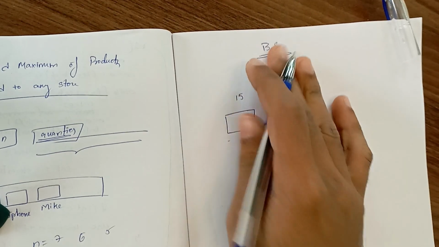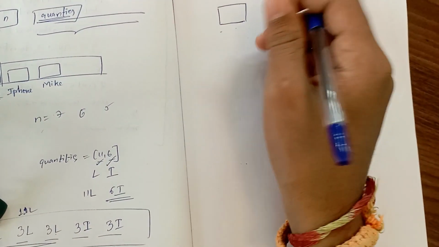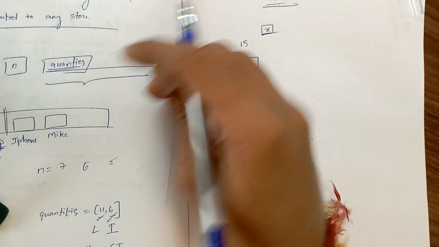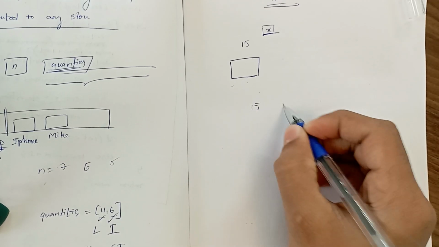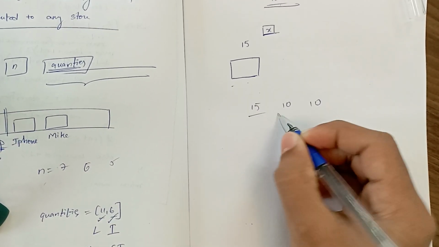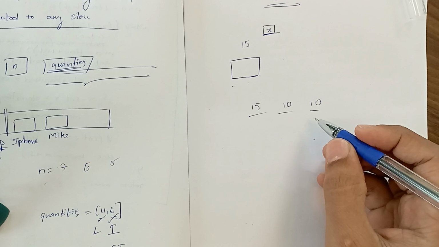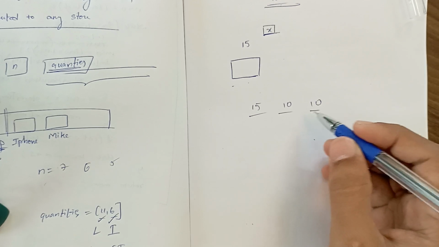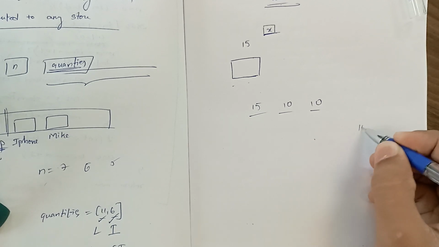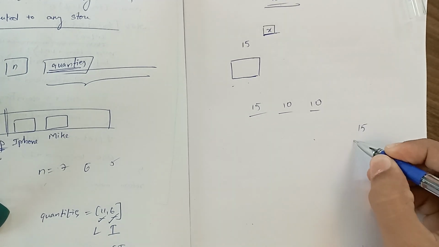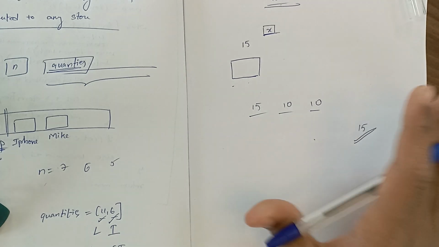Let us think in a different way. Take the last example, 15, 10, and 10. The maximum items we can give to any store is 15. That means we can give all the items to only one store.